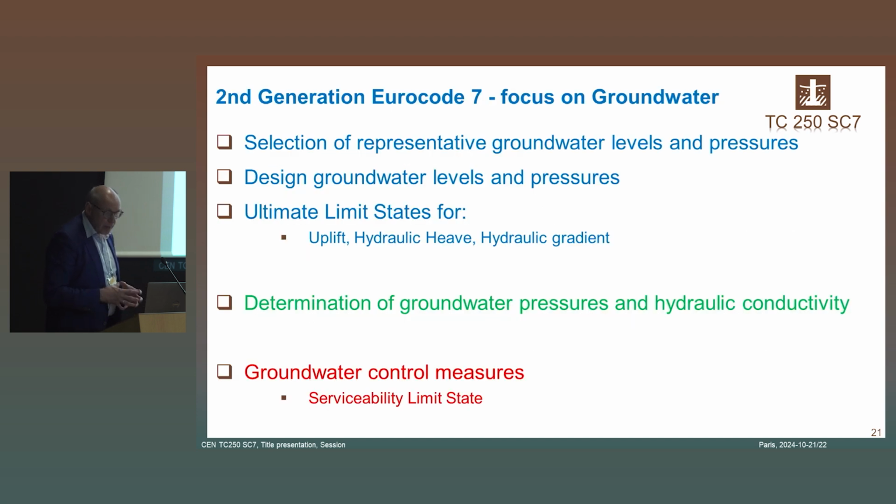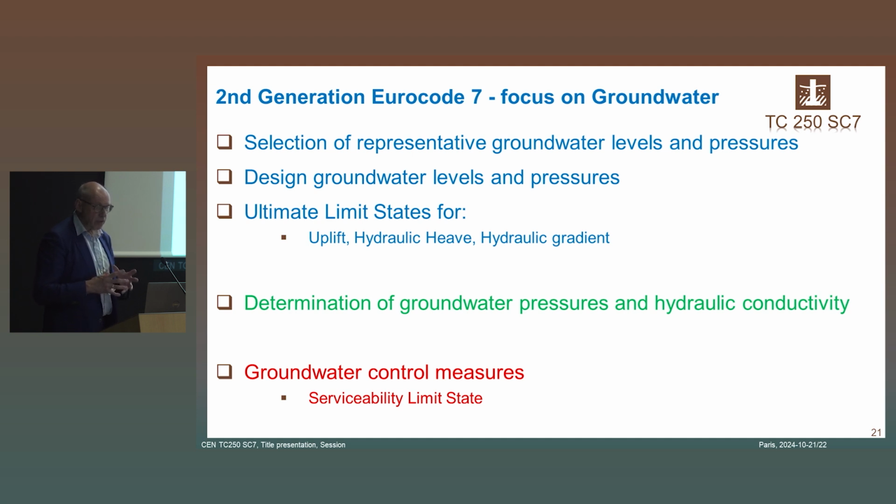So, summarizing, we had a focus on groundwater. In Part 1, we have described how you select the representative groundwater levels and pressures, the design values, and the ultimate limit states: uplift, hydraulic heave, and hydraulic gradient.